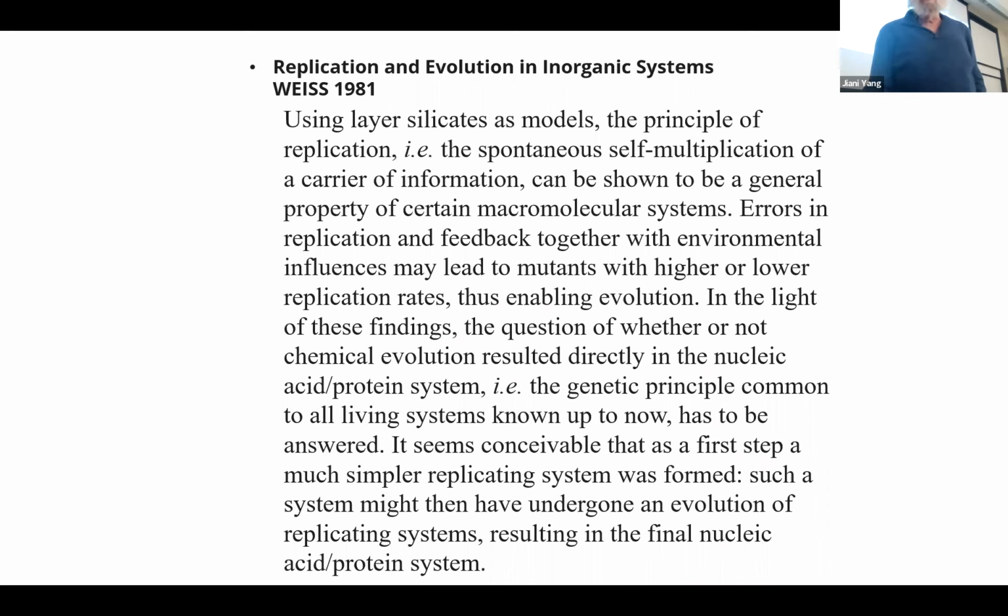Errors in replication and feedback together with environmental influences may lead to mutants with higher or lower replication rates, thus enabling evolution. In the light of these findings, the question of whether or not chemical evolution resulted directly in the nucleic acid protein system, the genetic principle common to all living systems known up to now, has to be answered.